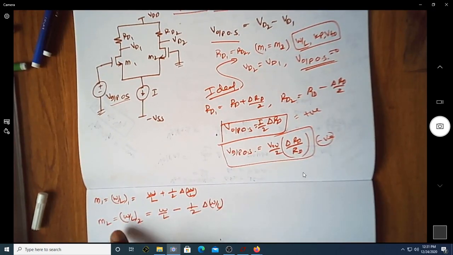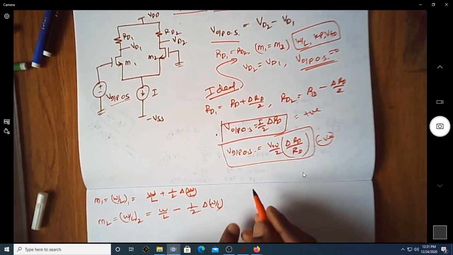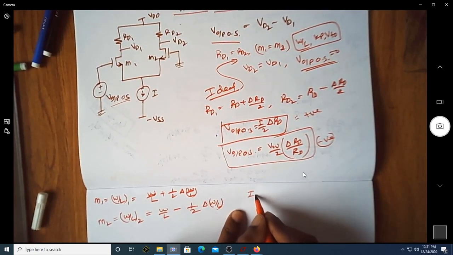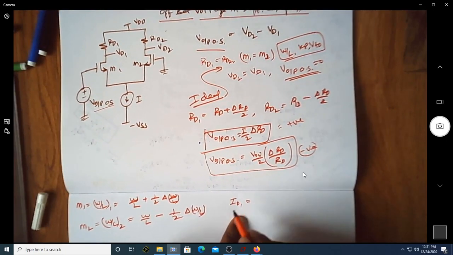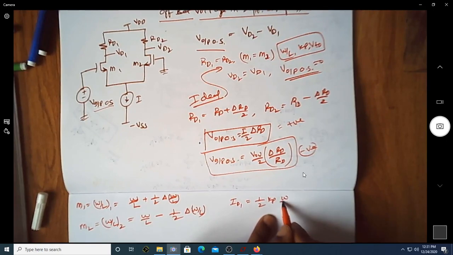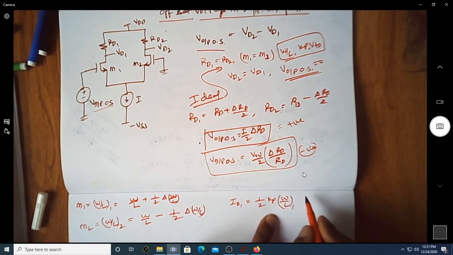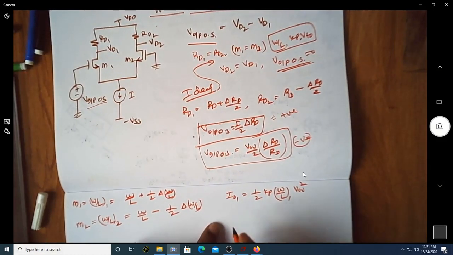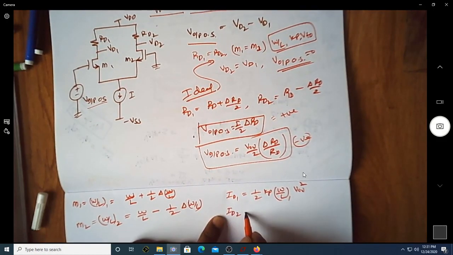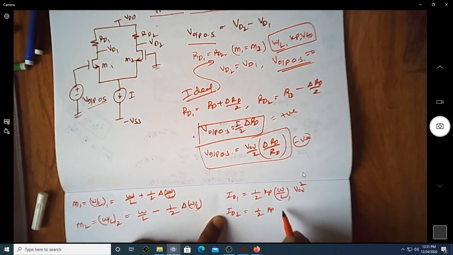Since the W by Ls are different, we know that the drain current ID1 is given, in general, by half Kp W by L of the first transistor into VOV square. So this is the overdrive voltage. Similarly, I can write ID2 equal to half of Kp W by L of 2, and again VOV square.